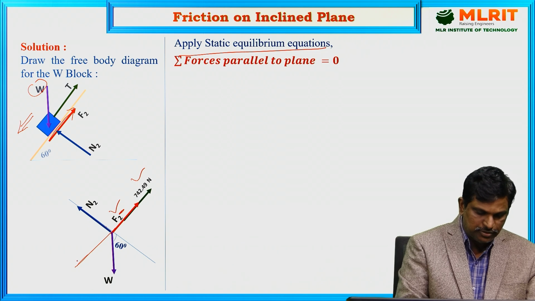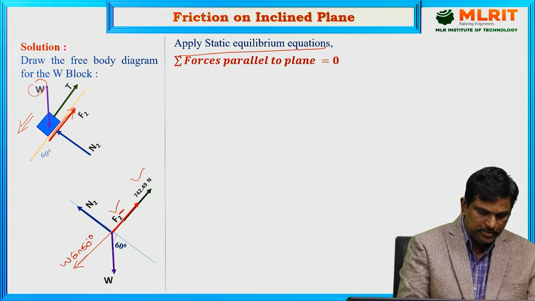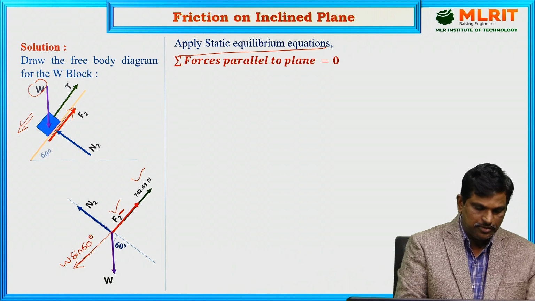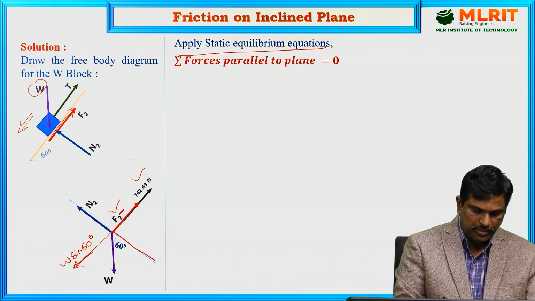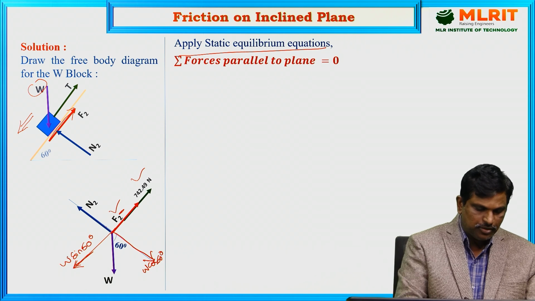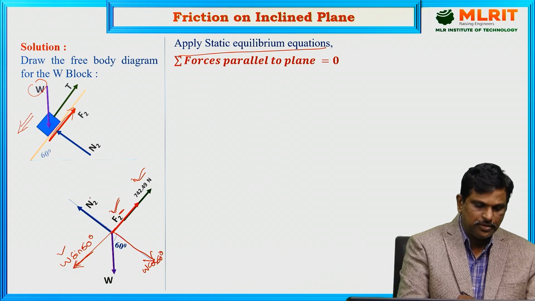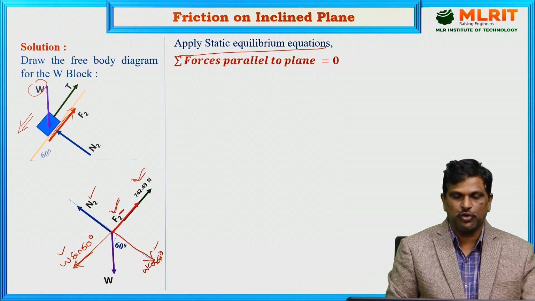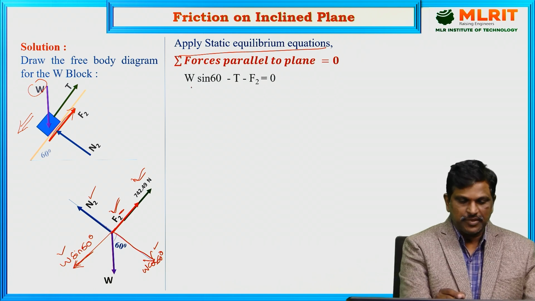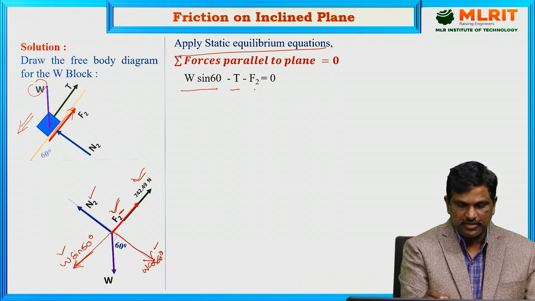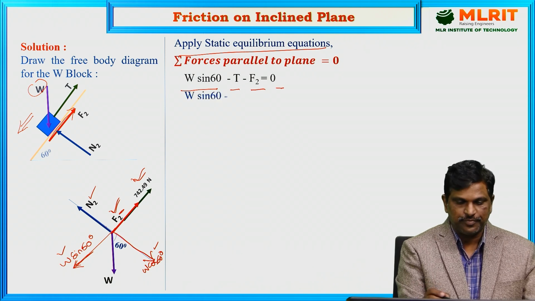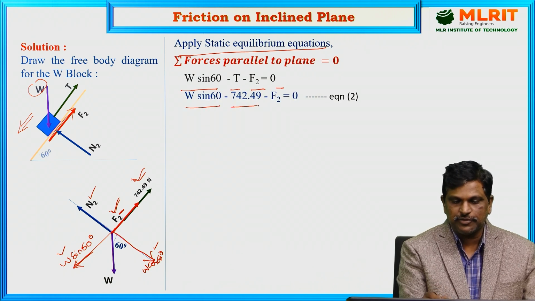If you resolve the weight into two mutually perpendicular components, W sin 60 is the component parallel to plane, and normal to plane, W cos 60. Now three forces are acting parallel to plane and two forces are acting perpendicular to plane. Now write the equations. W sin 60 minus T minus F2 equal to 0. W sin 60 minus 742.49 tension value minus F2 equal to 0.